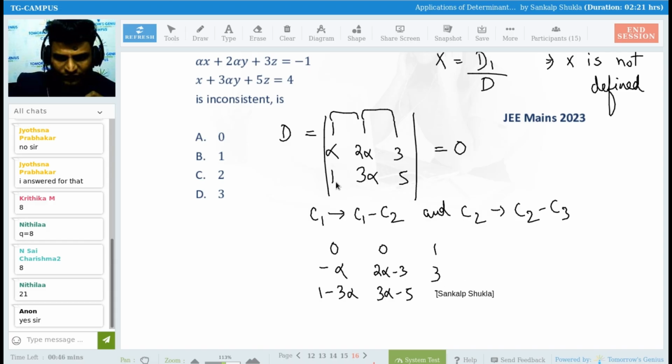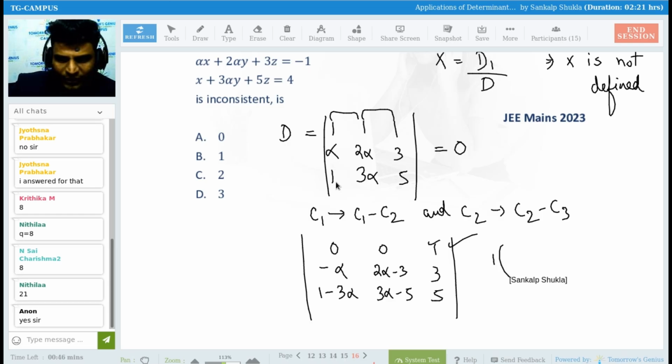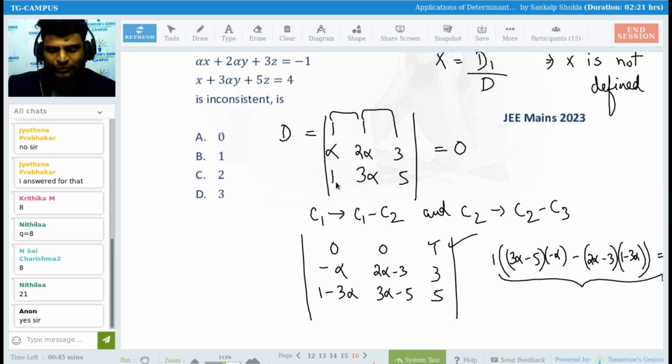And this will be 1, 3, 5. So now I can expand along R1. So I have to only write this 1. So 1 into 3 alpha minus 5 into minus alpha, and minus 2 alpha minus 3 into 1 minus 3 alpha, right? And equal to 0. So just solve this equation and you'll get the value of alpha.